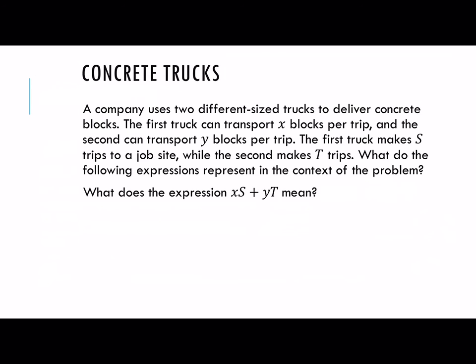We have to go back to the meaning of our problem and remind ourselves what x is here. X represents the number of blocks per trip of the first truck.